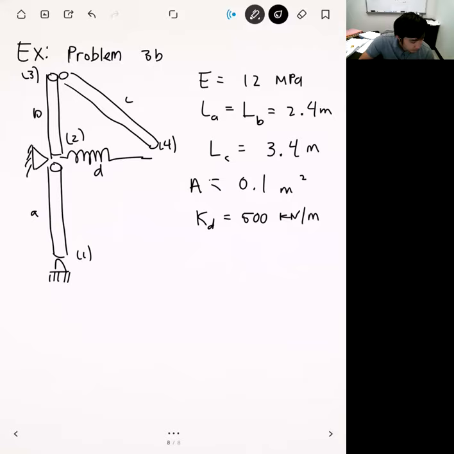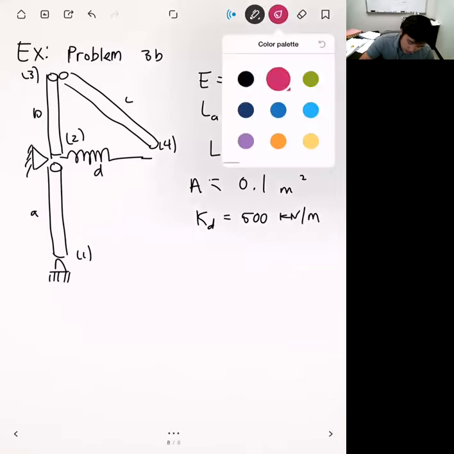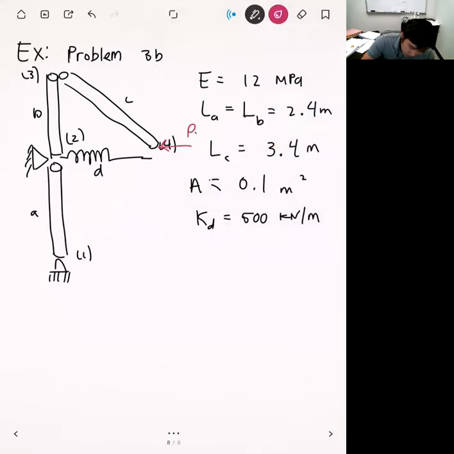And we have two loads here. We have a compressive load here, which we'll call PX, and another compressive load from the top, which we'll call PY. Their values are PX equal to 500 newtons, while PY is equal to 1,000 newtons.